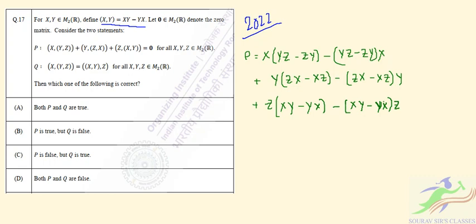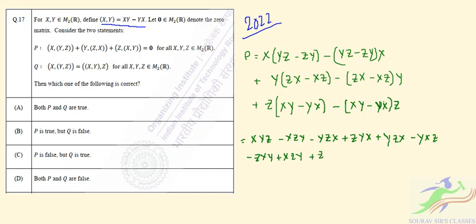From here we can write the whole equation this way: xyz minus xzy minus yzx plus zyx, plus yzx minus yxz minus zxy plus xzy, plus zxy minus zyx minus xyz plus yxz.